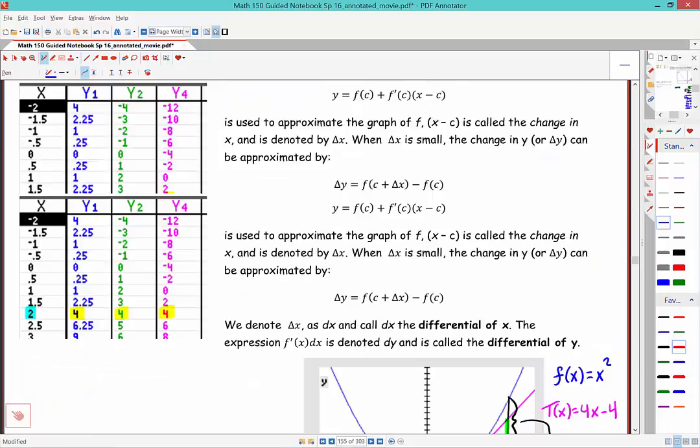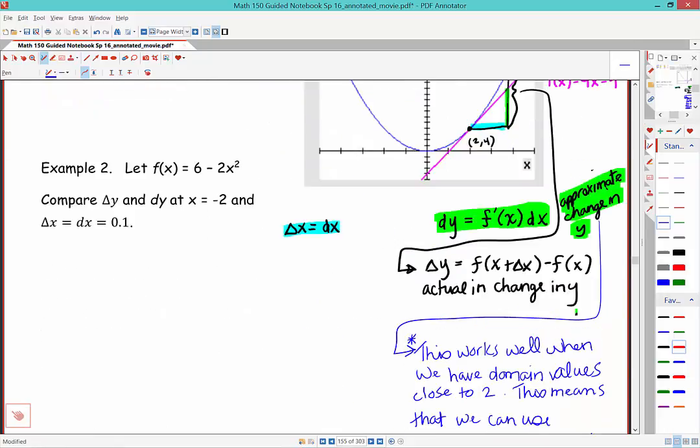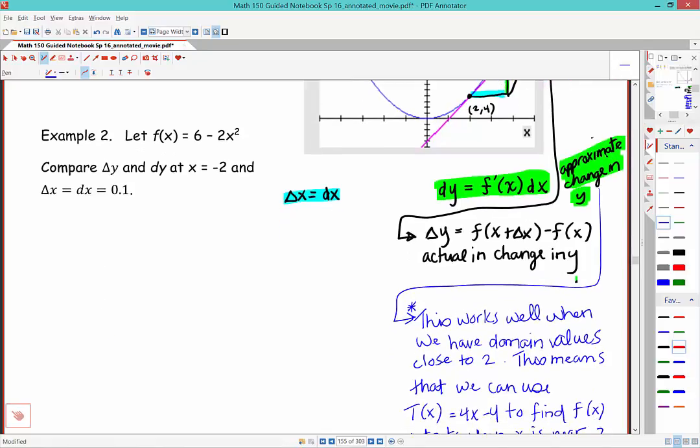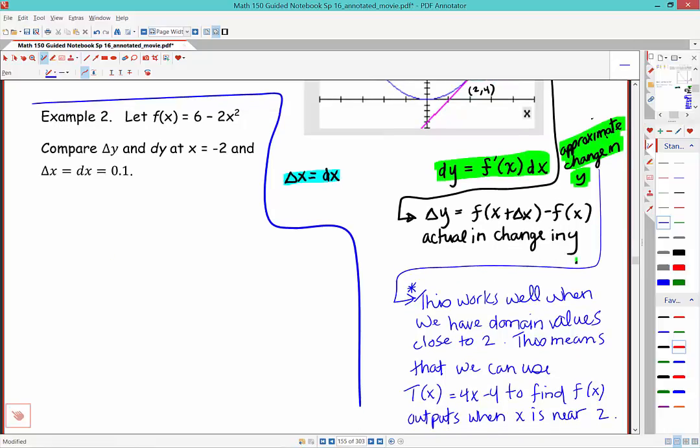All right, so hopefully you got sort of a gut feeling, a visual about this. Let's take a look at this other problem. In this second example, we're letting f at x equal 6 minus 2x squared, and we want to compare the actual change in y and the approximate change in y when x is equal to -2 and when the change in x is 0.01.